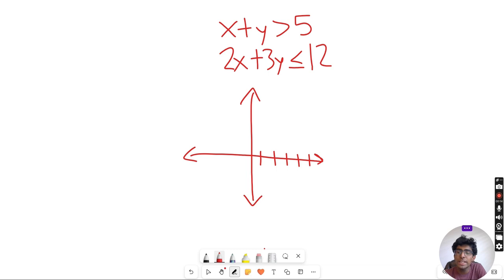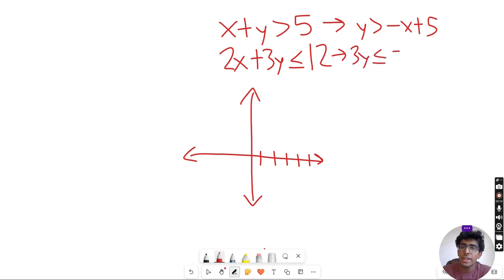Let's solve for y so we get it into mx plus b form. So we're going to move x over to the other side, negative x plus 5, to get this into y equals mx plus b form. Here, we are going to first move 2x over to the other side, so negative 2x plus 12. And then we're going to divide by 3 to get negative 2/3 x plus 4.